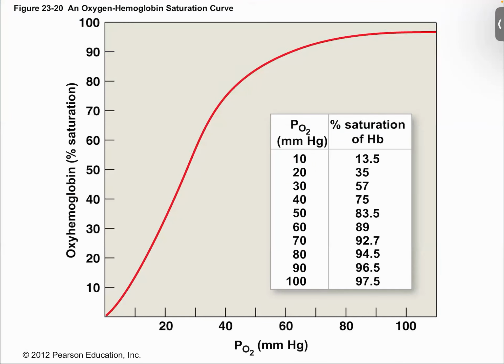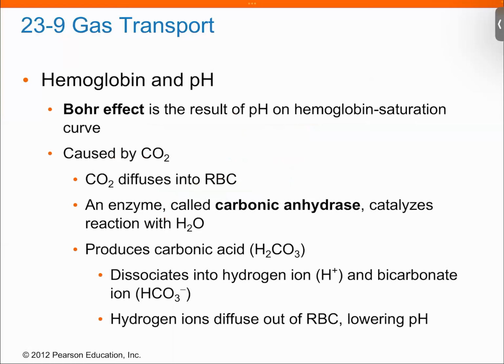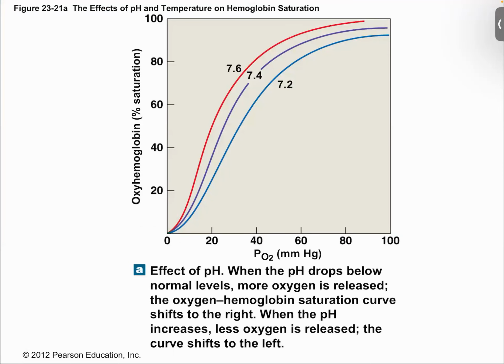This is what it looks like. So here's what your saturation curve looks like. You can see under normal circumstances, it has this nice little S-like structure. But then when you take a look at changes in pH, here's your normal physiological pH right there. That's normal. Notice that when your pH drops, it has a rightward shift, which is a drop in affinity. And when it becomes alkaline, it increases affinity.